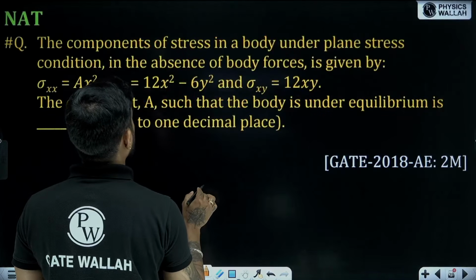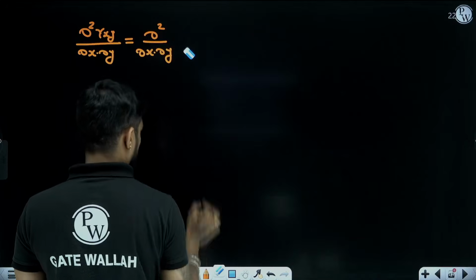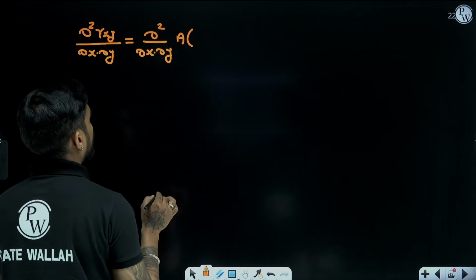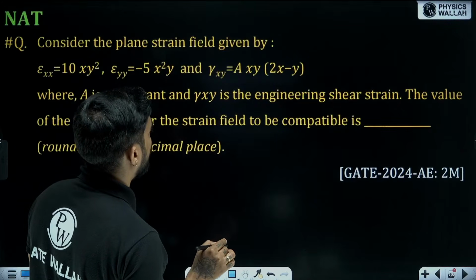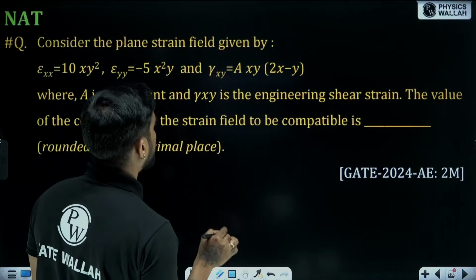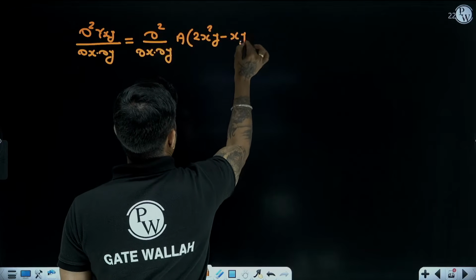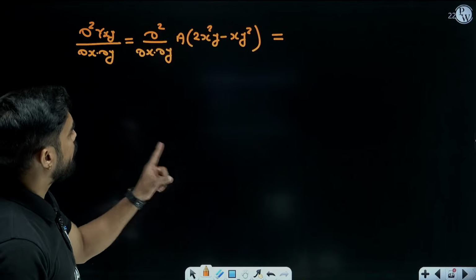So A is constant. A will come out. And you are going to get 2x square y minus xy square. So let me differentiate it with respect to x one time and y one time.